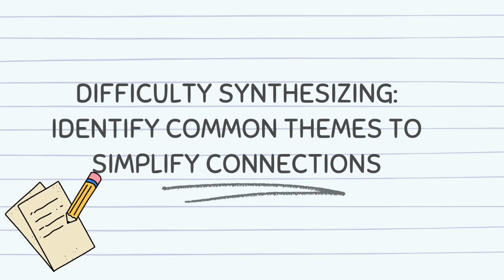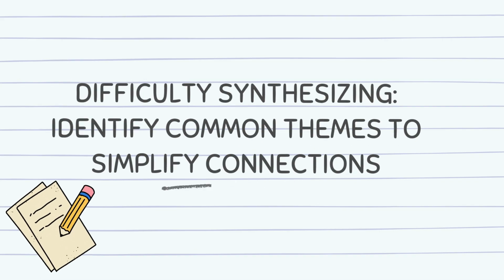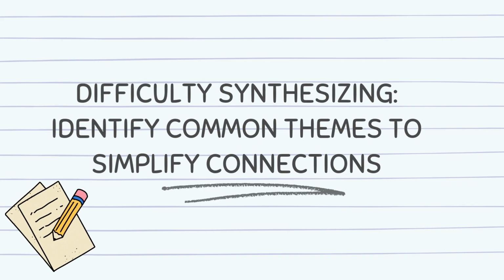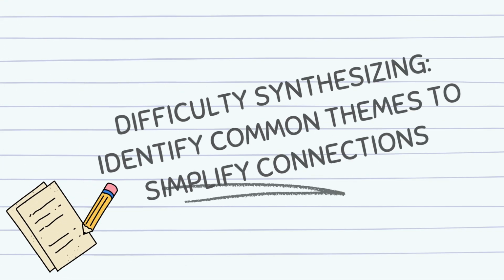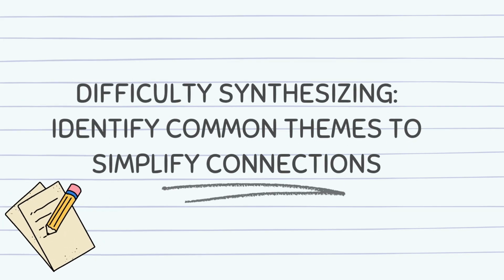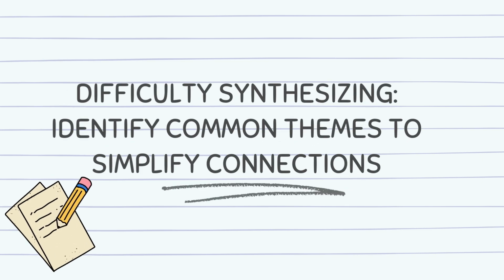Difficulty in synthesizing literature is a common challenge, but identifying common themes helps simplify connections between studies. Instead of summarizing research individually, an effective literature review should identify recurring topics to group studies based on shared themes rather than listing them separately. Compare and contrast findings to highlight relationships, agreements, and contradictions.